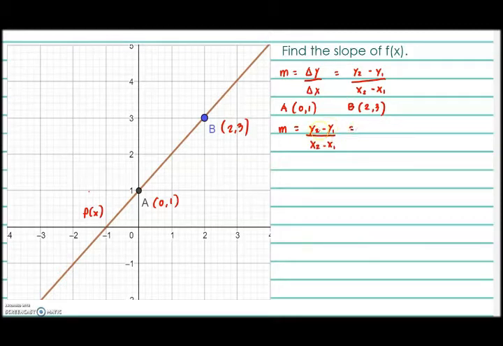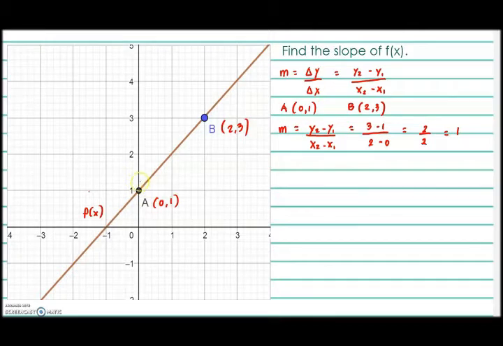That's equal to y sub 2 is 3 minus y sub 1, which is 1, over x sub 2, which is 2, and x sub 1, which is 0. So we have here 2 over 2, and that's equal to 1. So meaning to say the slope of our function is 1.